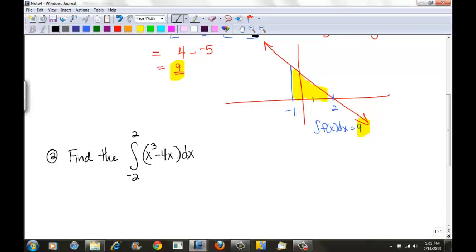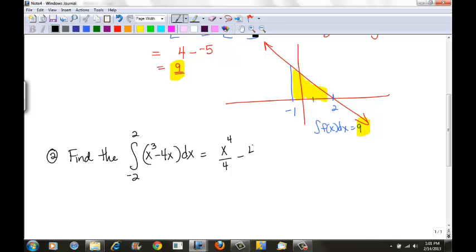Okay, so we would take the antiderivative. We're going to add 1 to the exponent, divide by the new exponent. And same thing, you should be saying that when you're working your homework.